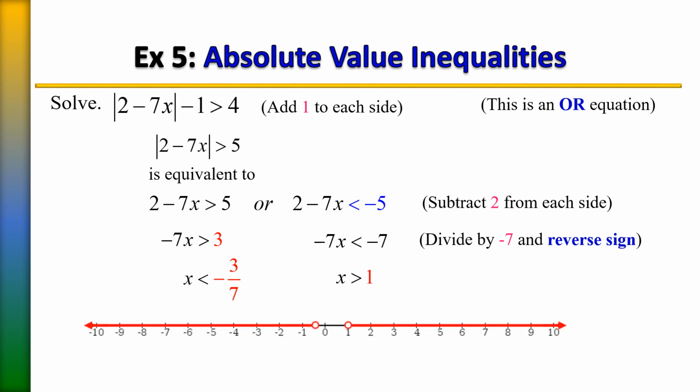So it's going to look like so, and then accordingly you would go ahead and proceed with writing it in interval notation form, which would be parentheses, negative infinity, comma, negative 3/7, close parentheses, union symbol, parentheses, 1, comma, positive infinity, close parentheses. And there you have it.